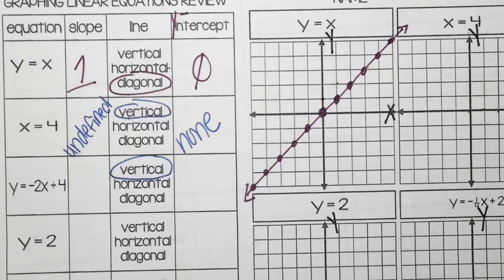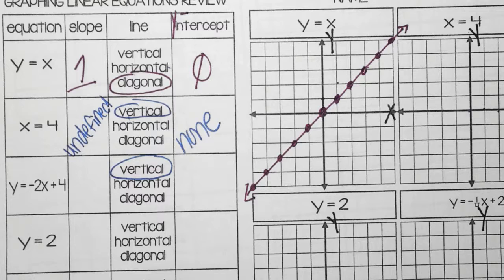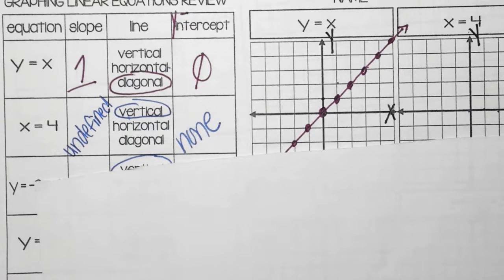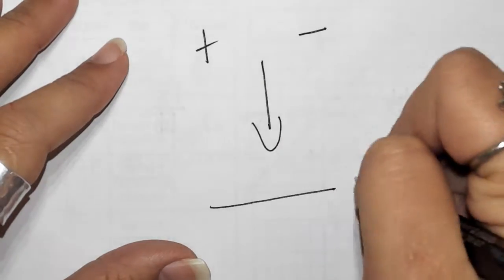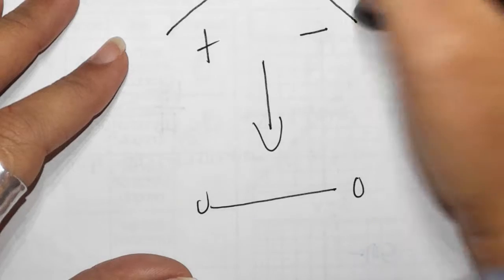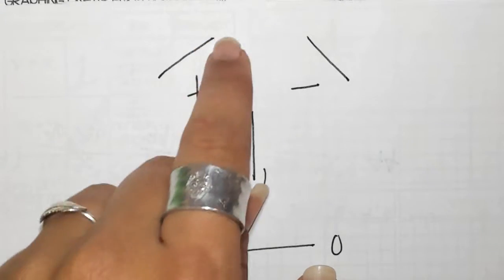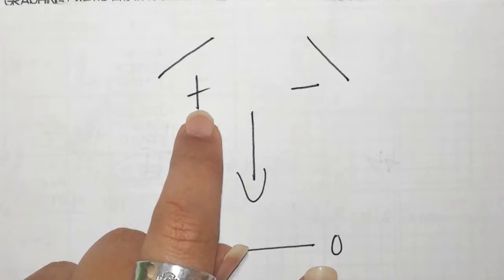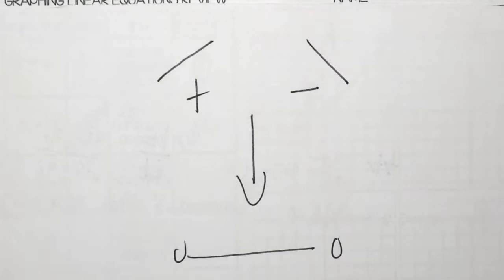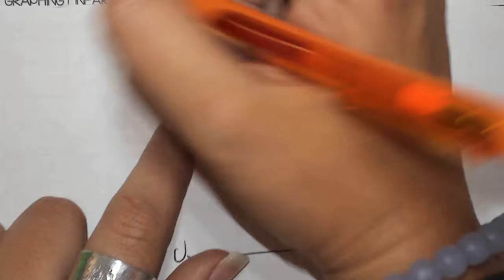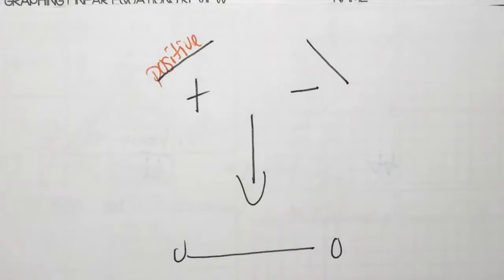Now, last year, do you guys remember that we drew the face? We had a plus and a minus. What kind of slope is this? A positive. Do you see the plus sign under it? A positive slope goes uphill.